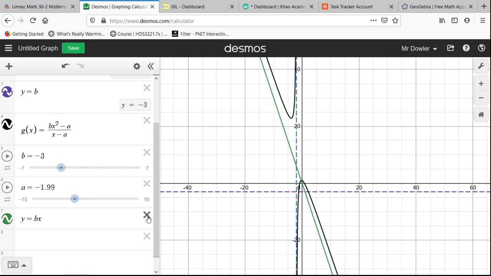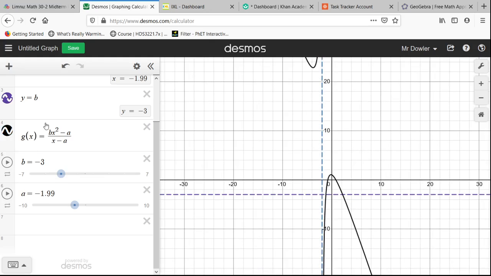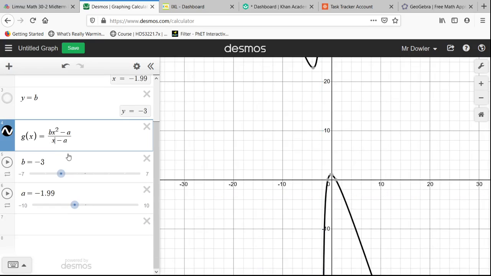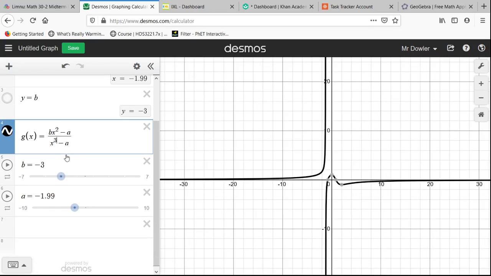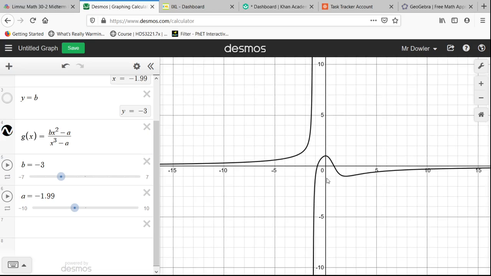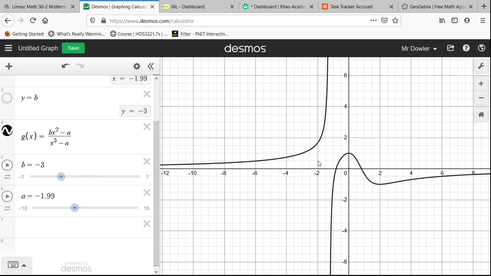Okay. So what happens if the degree of the denominator is greater than the degree of the numerator? Yeah, if our denominator has a greater degree, then it behaves more like b over x. And as x goes to infinity, they come down to 0. So we can see that here, the horizontal asymptotes will go to 0.